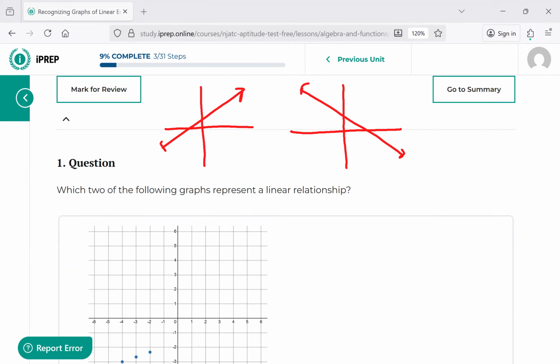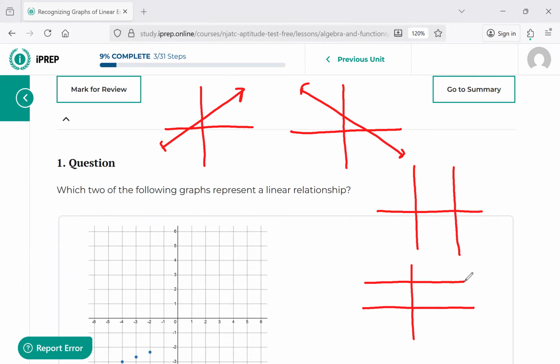And believe it or not, it can actually go vertical or horizontal like this. Those are all linear functions. So what we have to do is figure out which one is a linear function.